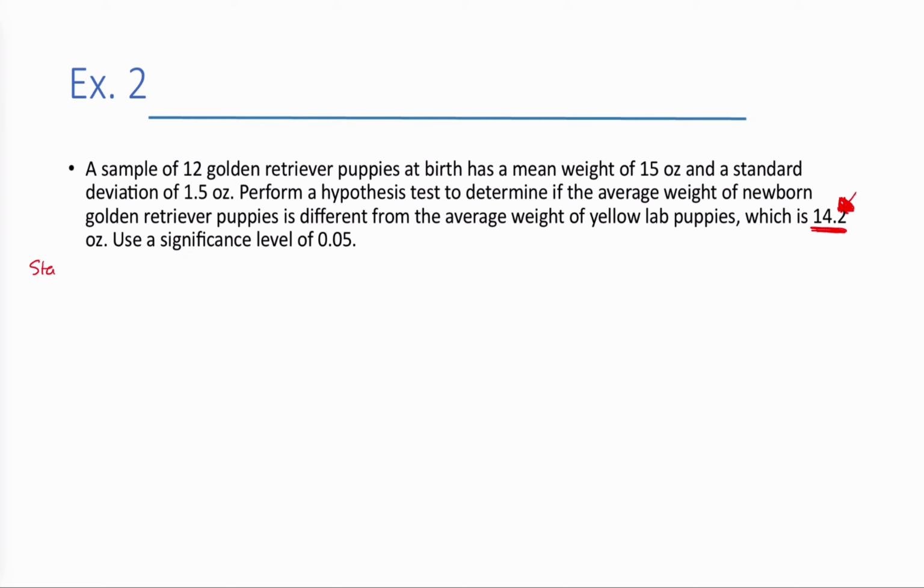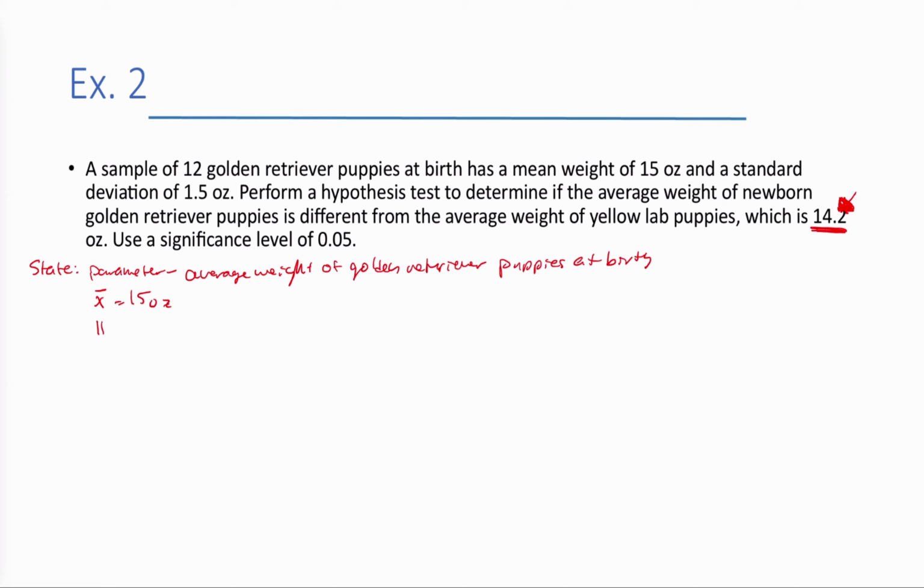So state the parameter: the average weight of golden retriever puppies at birth. Our statistic is that x bar is 15 ounces.